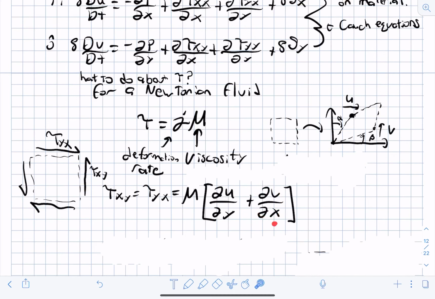So the stress law is a bit more complicated than what we were using way back in chapter 2. But for the flows that you were considering in chapter 2, partial v partial x was basically 0 anyways.